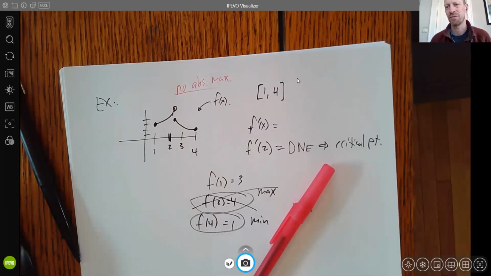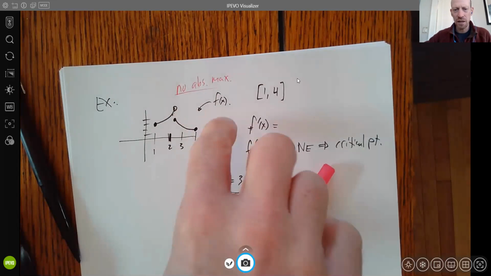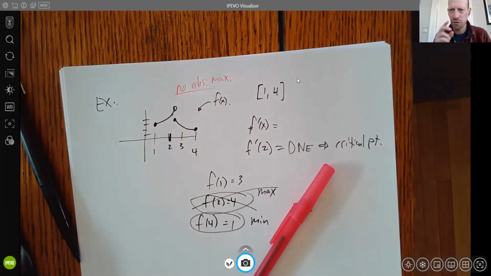In the beginning it feels like a foreign idea, and it takes a while to make peace with it sometimes. That's okay, that's part of the process. All right, any questions on this kind of counterexample?